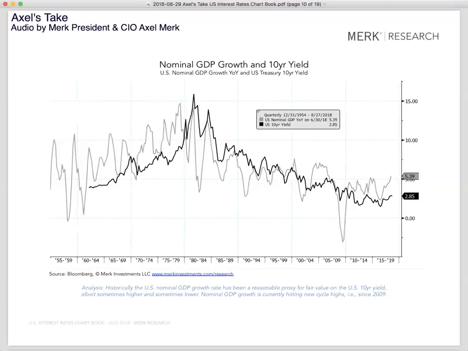So when you have an administration that reduces bureaucratic barriers, reduces red tape, or provides incentives for businesses to invest, that tends to raise longer-term yields, sell treasuries. It's one of the reasons why we have approached the 3% barrier, so to speak, again.